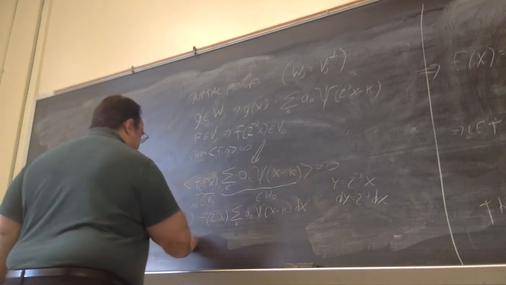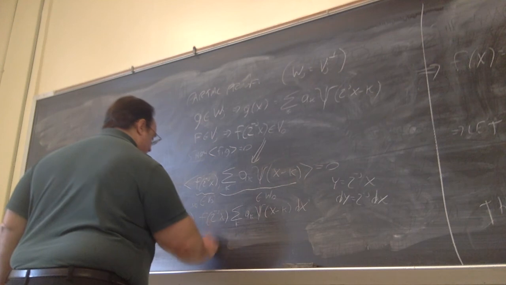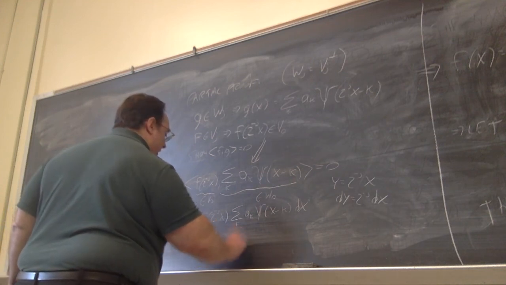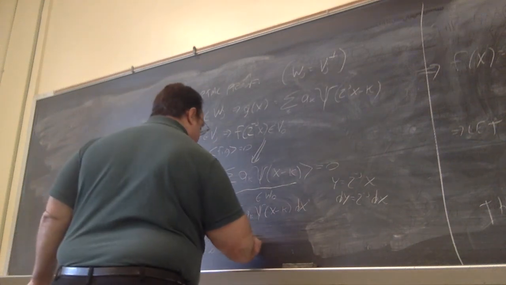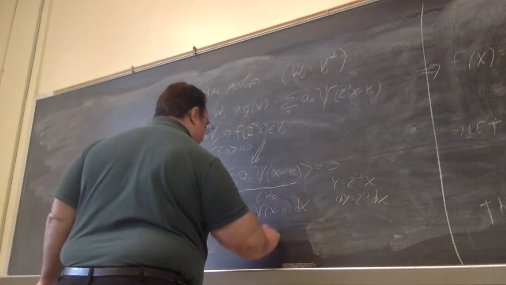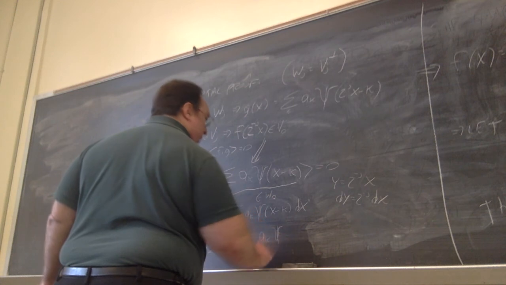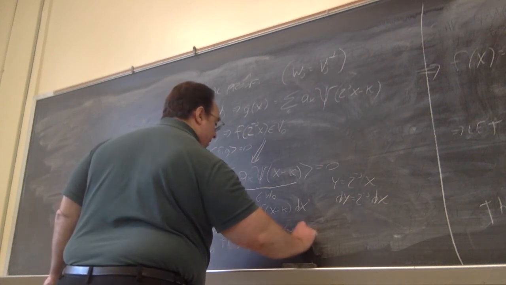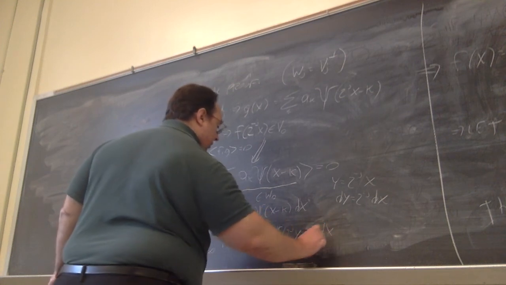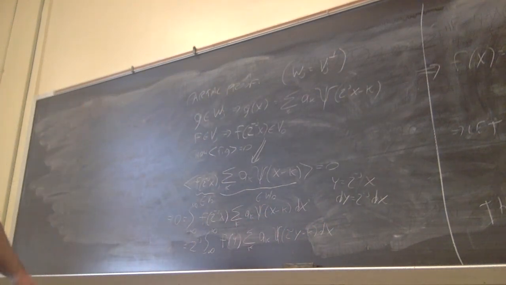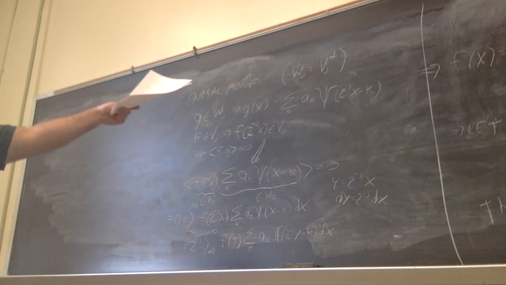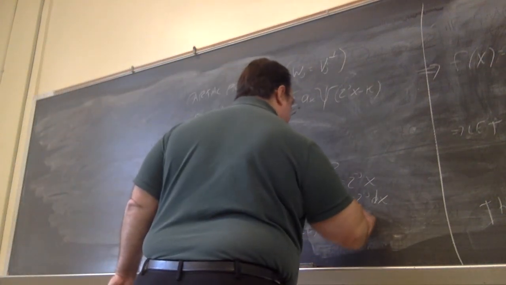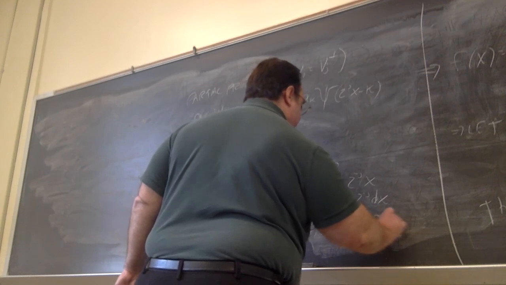So I'm going to get a factor of 2 to the j out front, same limits, and now I'll have f of y, and then I have the sum of a_k psi of y minus k, so x is equal to 2 to the j y. But the thing is, now it matches the form of g. So I have 2 to the j, inner product of f and g.